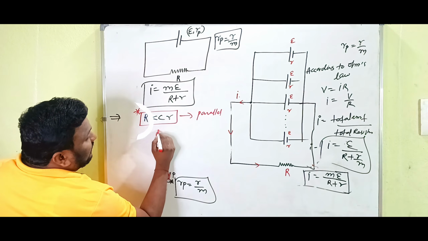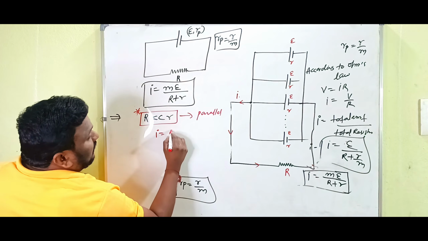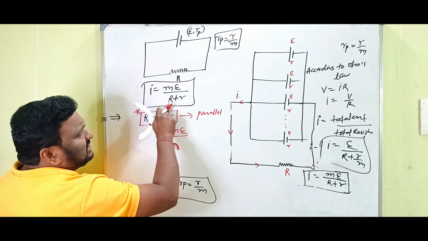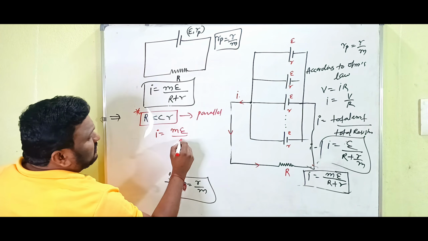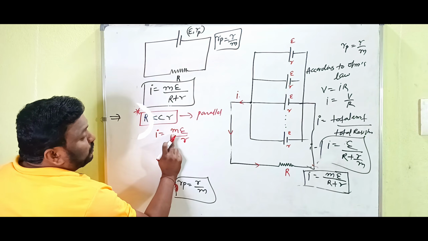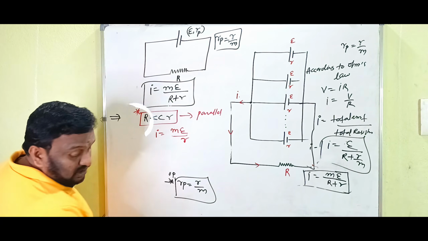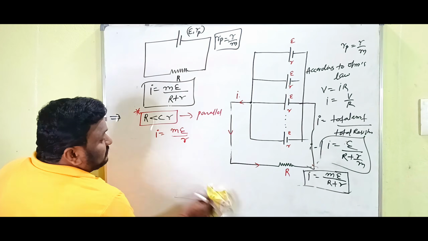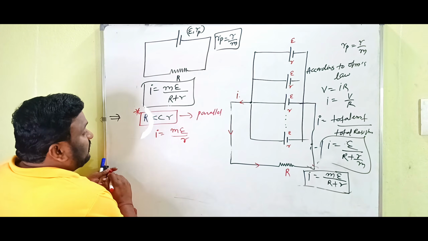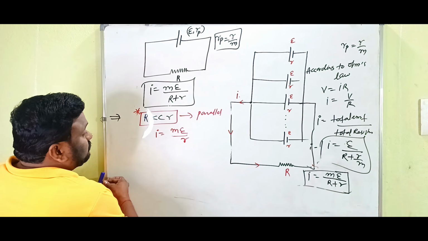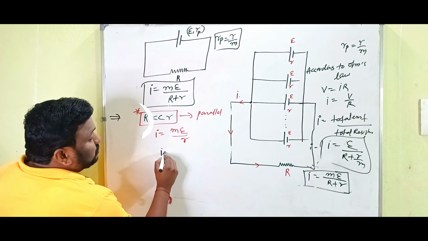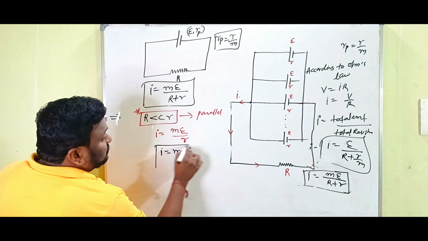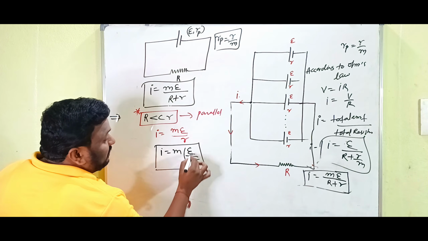Because look here, I is equal to m epsilon by r, since we are neglecting R, which is much less than the internal resistance. So I is equal to m into epsilon by r.